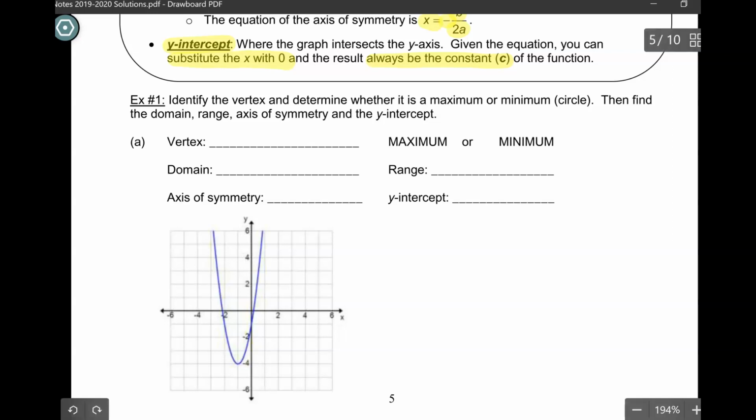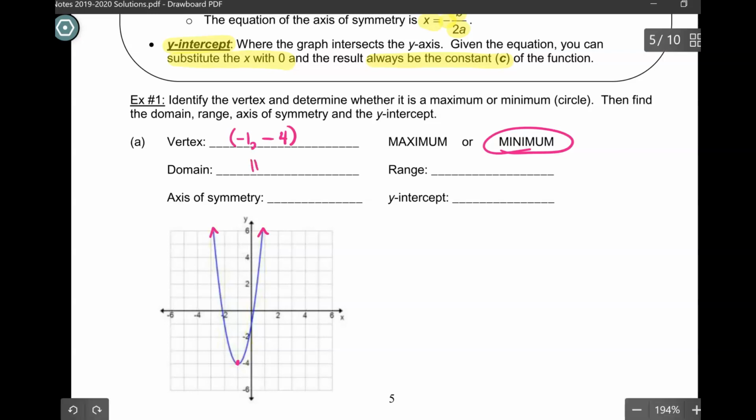I can see the vertex is there, and if we look at the points on the graph, the x-coordinate is -1 and the y is at -4. Is it a maximum or a minimum? Is it a low point or a high point? It's all the way at the bottom, and the graph points up. So definitely that is a minimum.